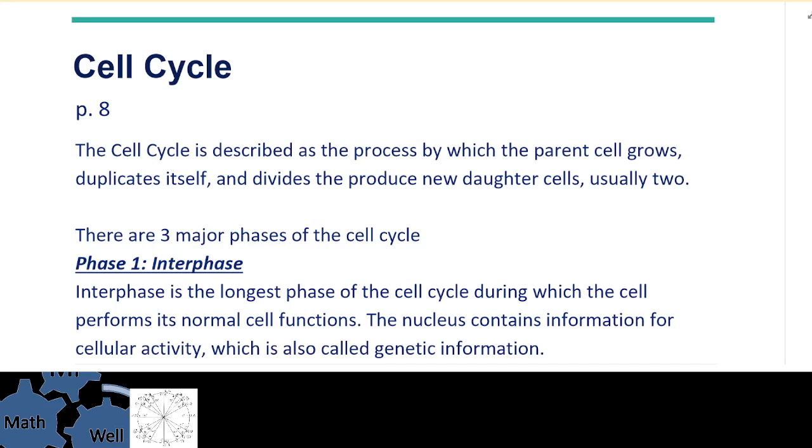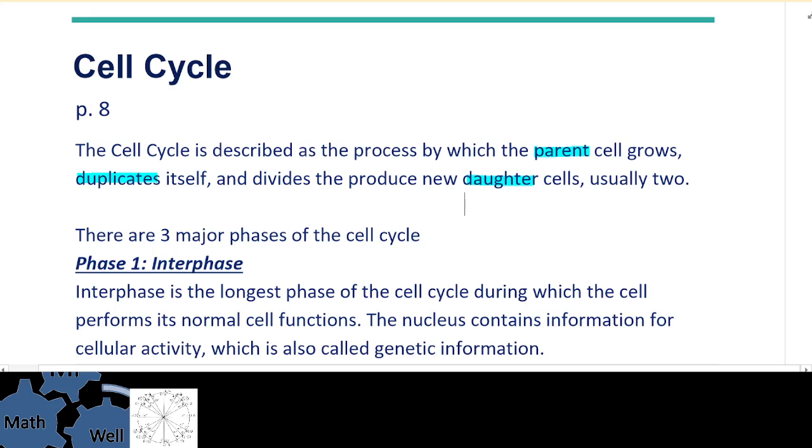So let me highlight the blanks here for you. So the parent cell grows, duplicates itself, and divides to create new daughter cells, is what they're called. Usually 2. So when a cell divides, it divides in half to make 2 cells.